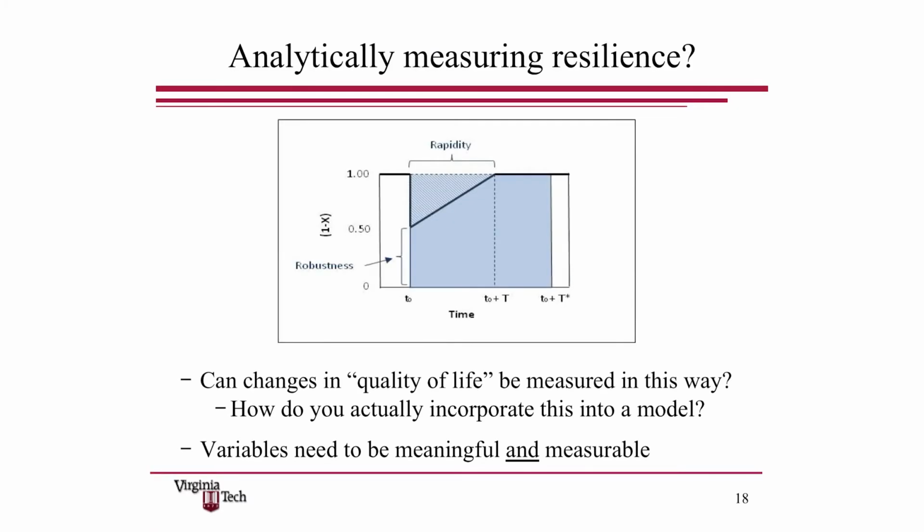Okay, so these are all important things to measure, but they don't quite fit into our framework of I want a time series where I can measure it over time and get access to how it's dropping and how it's recovering, so that I can measure that area under the curve and then combine all those different areas to get a good idea of what's going on. In terms of analytically measuring stuff, it's really hard to get a handle on all the different pieces of this framework and incorporate it into the model.